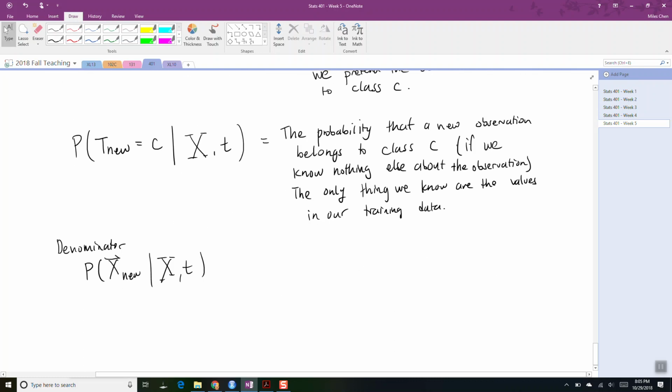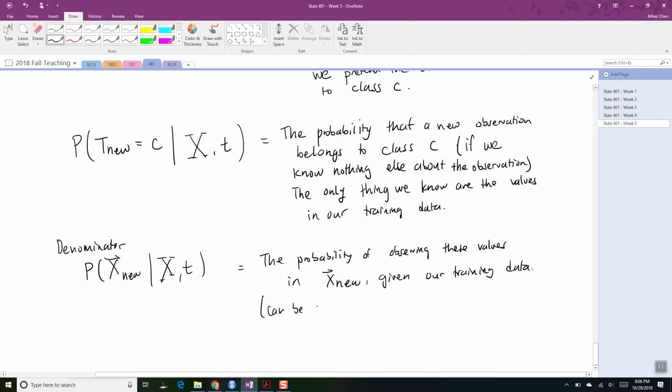This is just the probability of observing these values in x new given our training data. Now, this can be a complicated value to find.